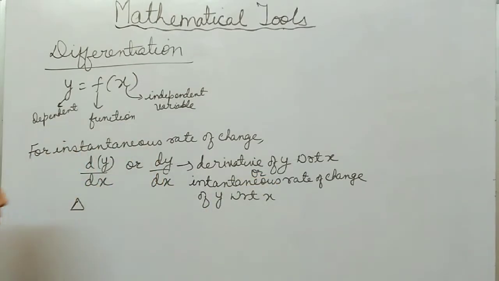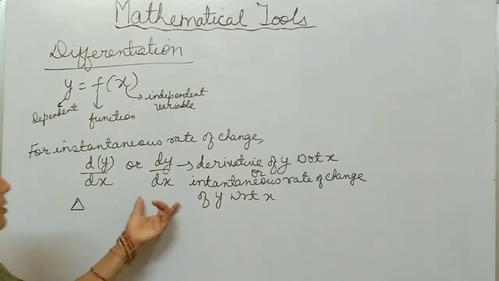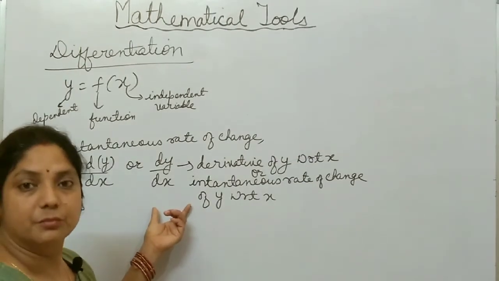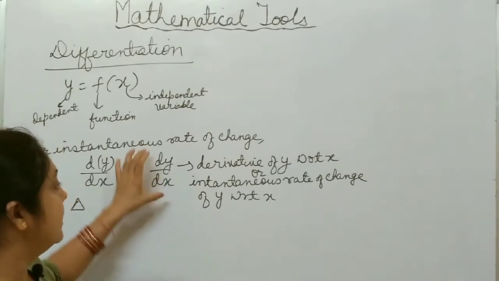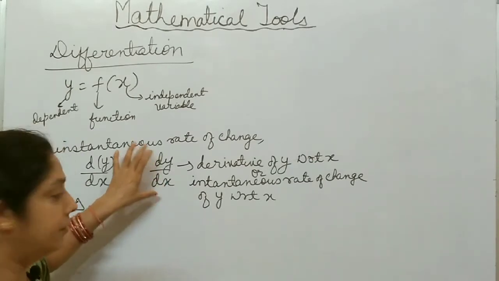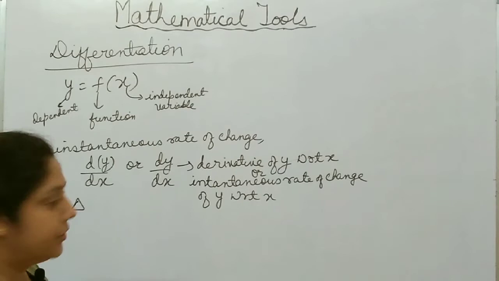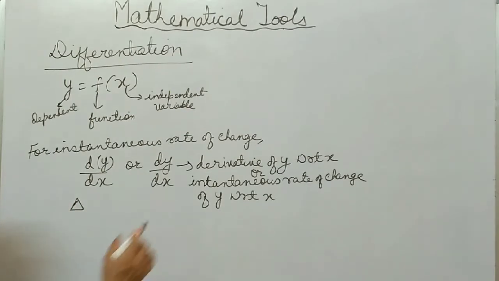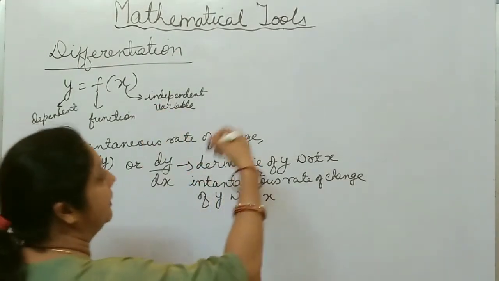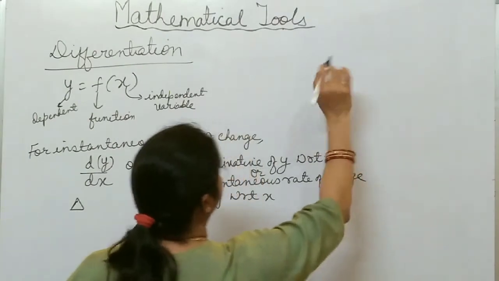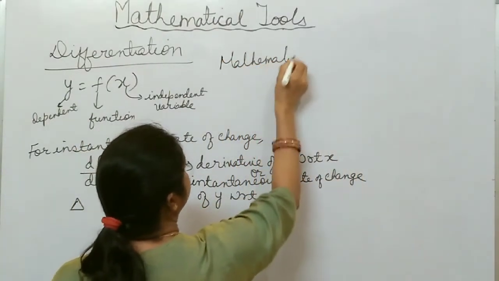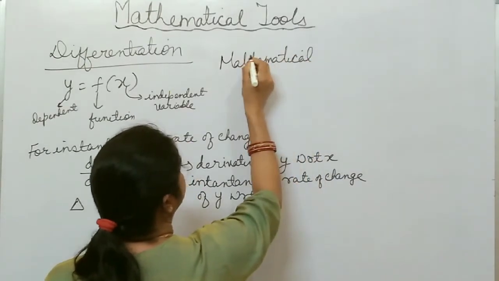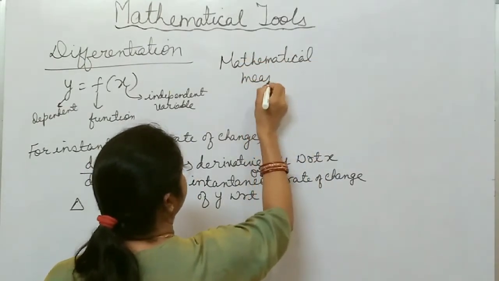When you study chapter 3, motion in a straight line, and chapter 4, motion in a plane, this differentiation is very important. Now this is the mathematical meaning, another is the geometrical meaning. It has two meanings. This one is the mathematical meaning of differentiation.